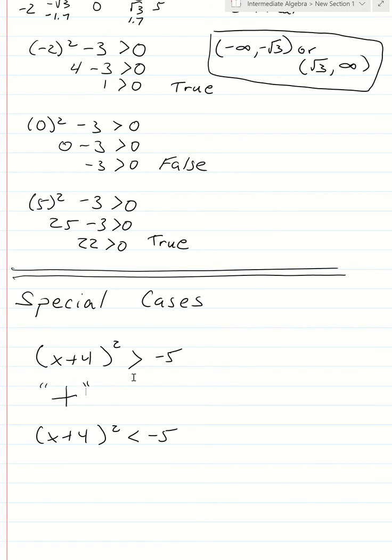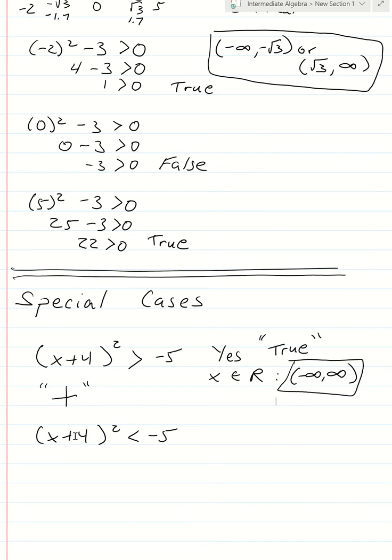So will that positive number be greater than negative 5? Yes, always. That is always going to be true. And since it will always be true, we say x is the set of all reals. Remember, the interval notation for that is negative infinity to infinity. So that would be your solution for the first one.